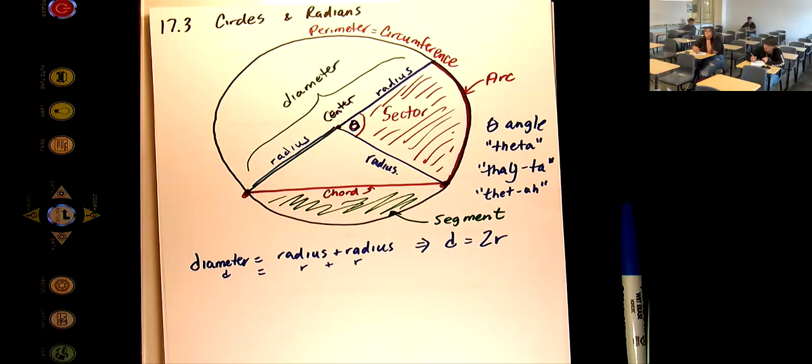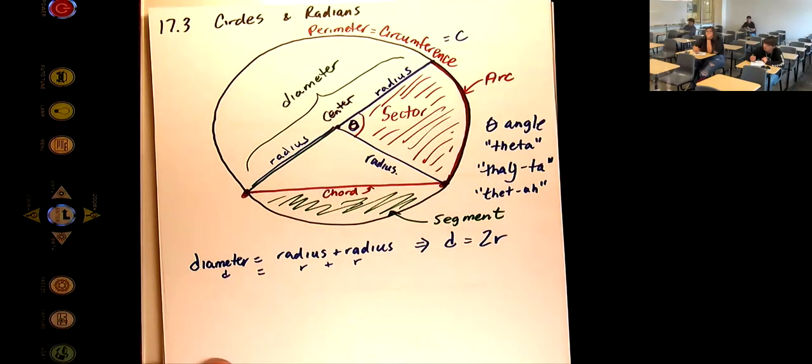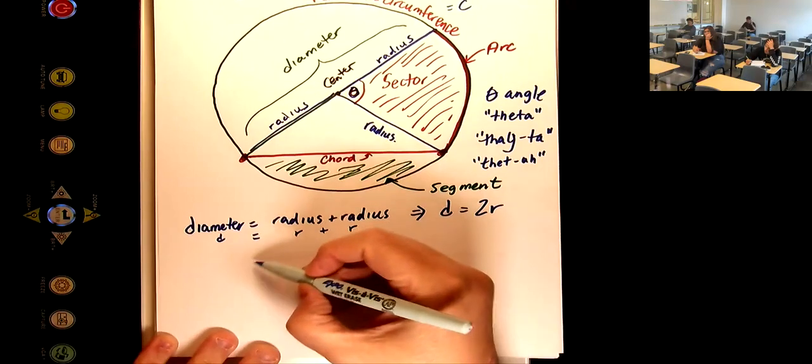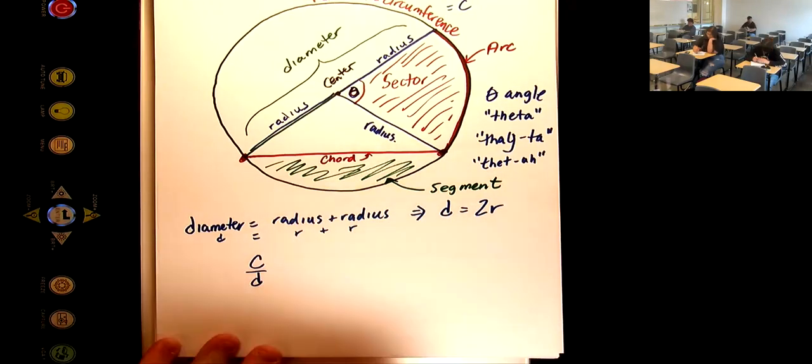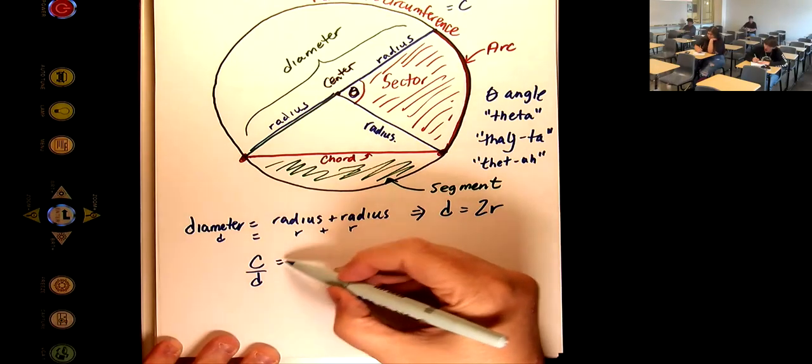Now, fascinatingly enough, there is a relationship between the circumference of a circle, which we call c, and the diameter of the circle. If you take the circumference and divide it by the diameter of any circle, you always get the same value.